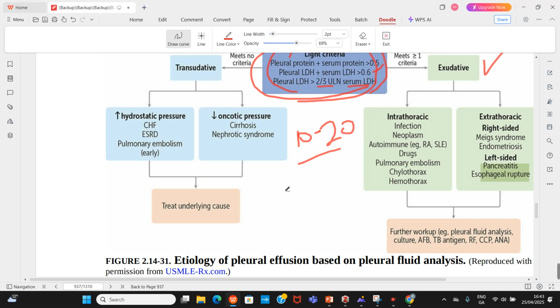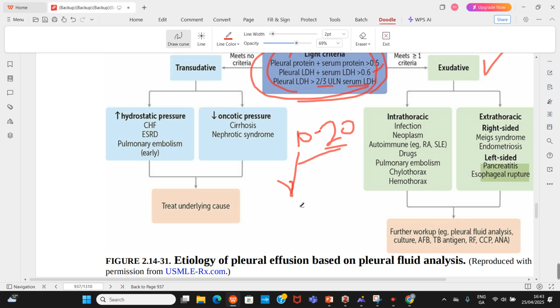Now, if we measure the person's pleural LDH and we get a value of 8, 2/3 should be like 66%. So 8 is 8 over the upper limit of normal. So the upper limit of normal here is going to be what? 20, right?